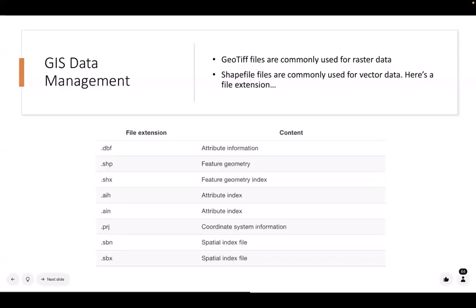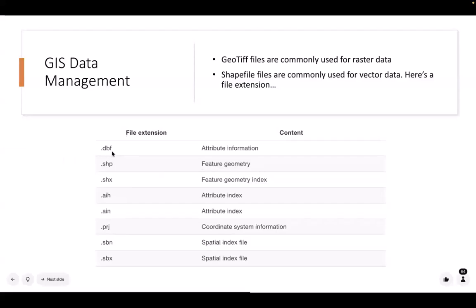A shapefile is not a single file, but a collection of files that keep together these three geometry types. So, for example, the .shp file extension that we see here is marked as the feature geometry. And this is the points, the lines, and the polygons. And this is where those are stored.